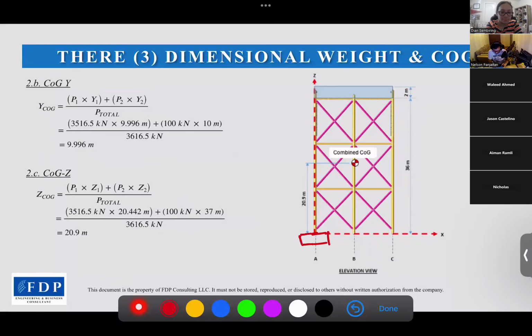As long as the combined COG is inside this area, then we are okay. But we should also check the tilting angle. The tilting angle is like this. So we have the SPMT we put here, and the tilting angle will be this.